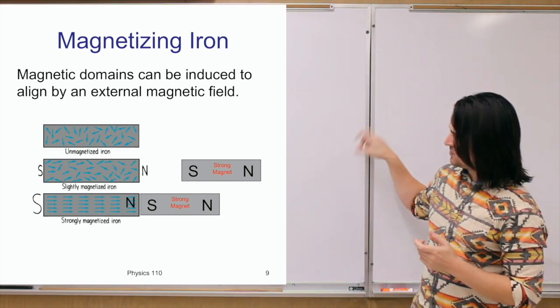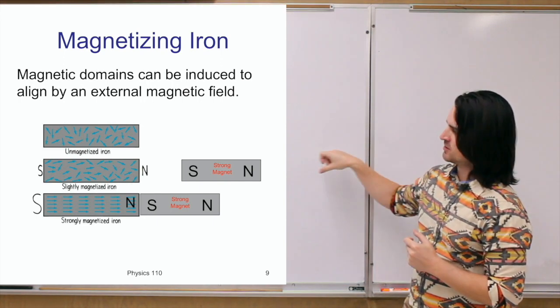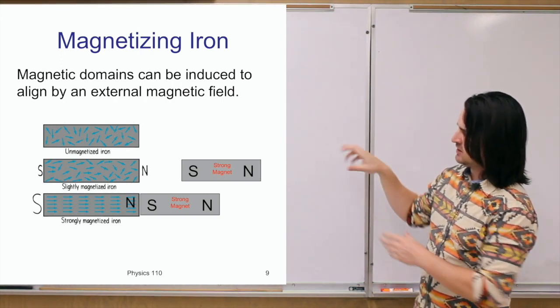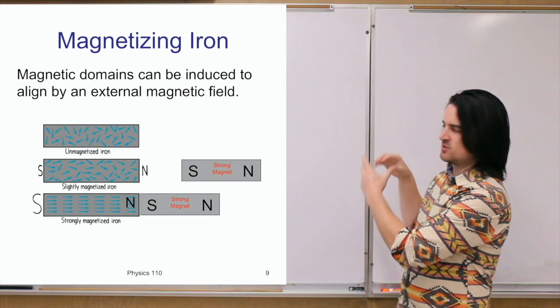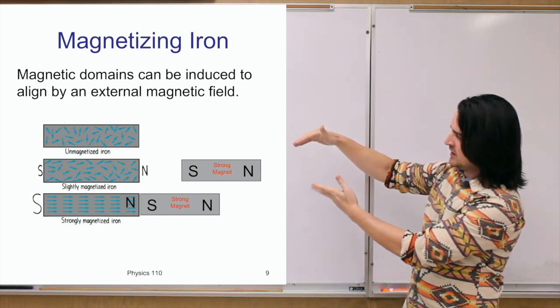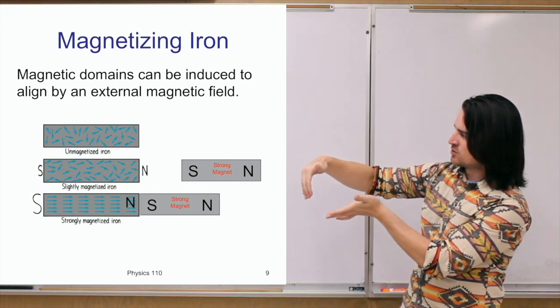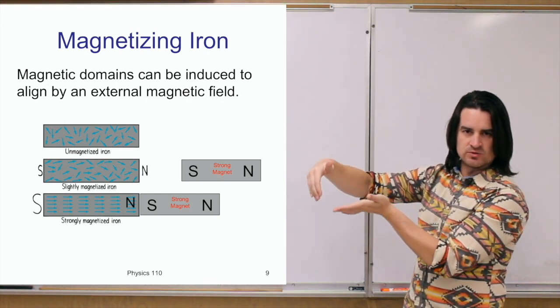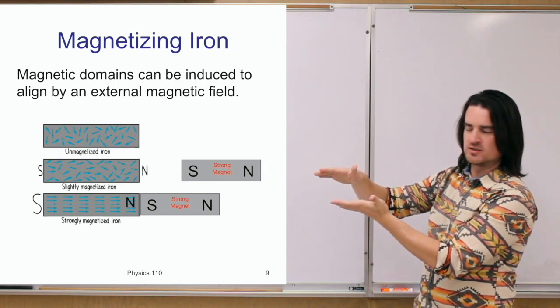But if you take a strong magnet and you start bringing it close to that piece of iron, as you bring it closer, the magnetic field from this magnet is extending over to that non-magnetized iron. And all those magnetic domains, they're acting like little magnets, and they want to align with this stronger magnetic field.